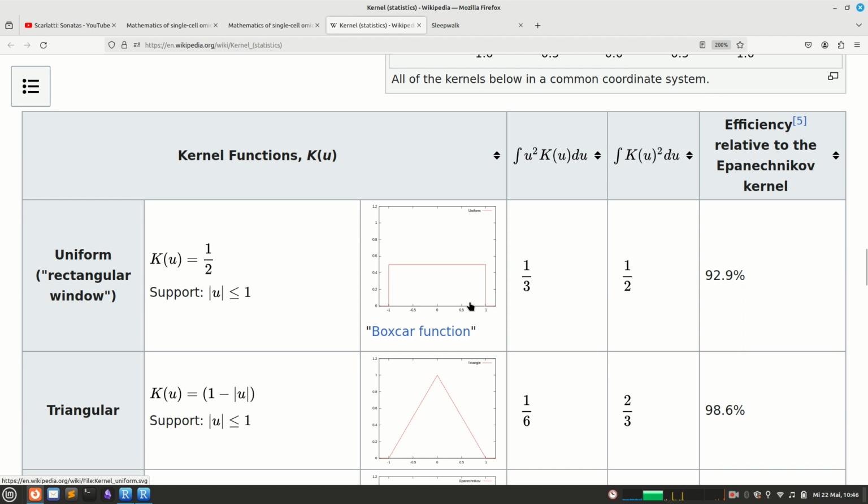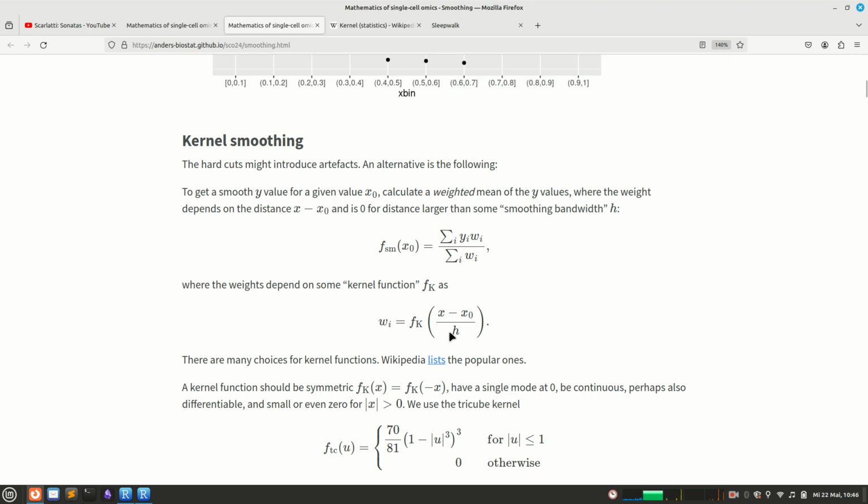And if you don't want the width of the window over which you average to be 1, but something less or more, you of course have to divide the difference by some kernel width h. So this would be what you call a moving average, where you just go to a point and put a block around it, from -h to +h.